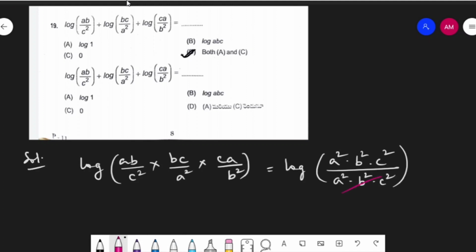So those two get cancelled. That is equal to log 1, that is equal to 0. So the answer is either log 1 or 0. So A and C both are correct since both are equal. So what's the answer? Option D, both A and C.